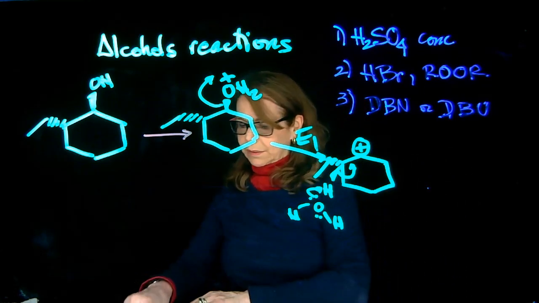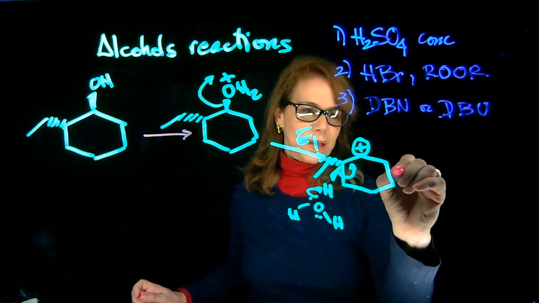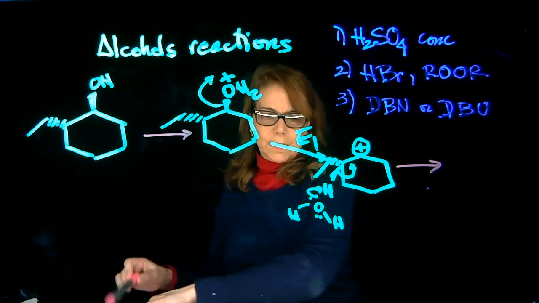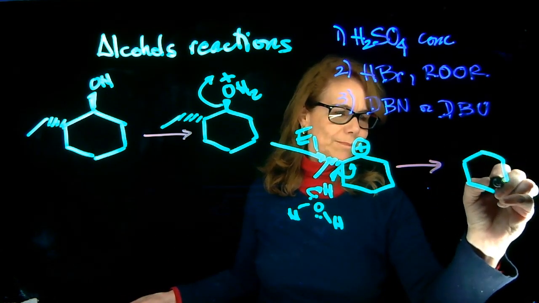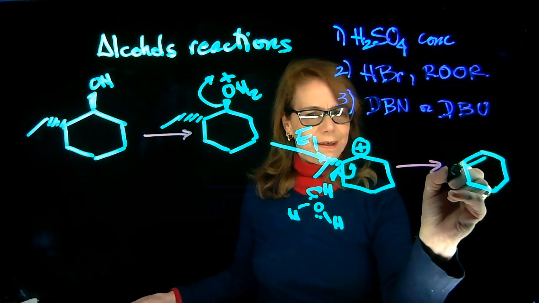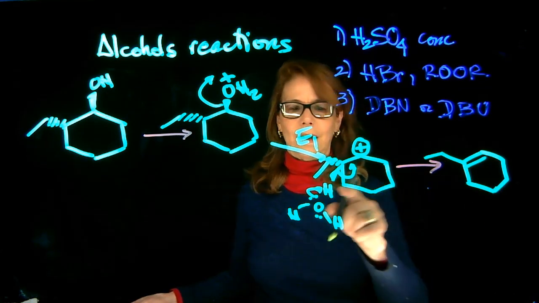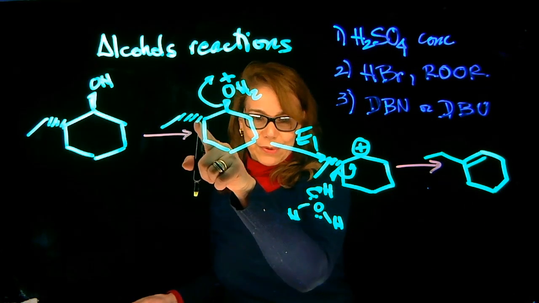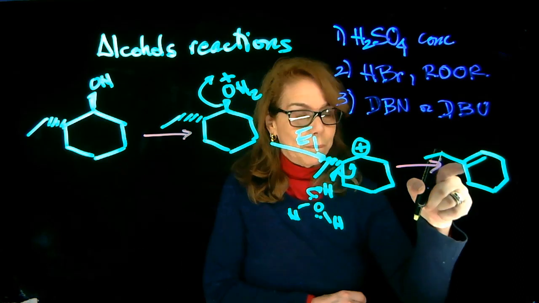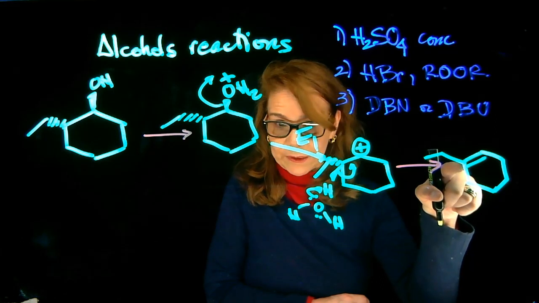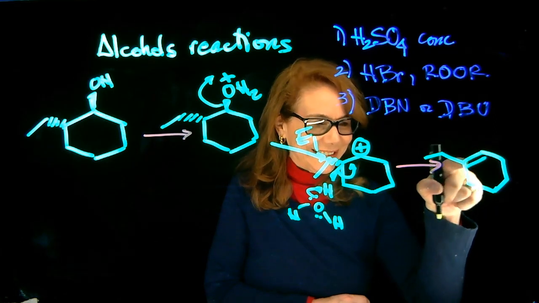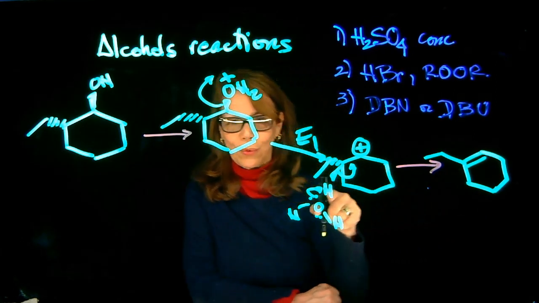So the product of this reaction, again, we're going to draw the alkene here. And now we see that the hybridization at this carbon was sp3, but it has changed to sp2. Again, this carbon is in the same plane as this and that, so no need to do wedges and dashes.